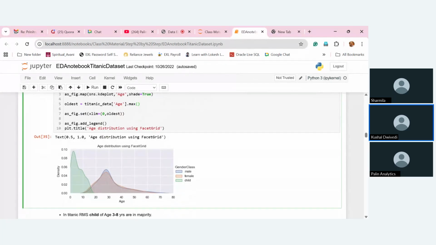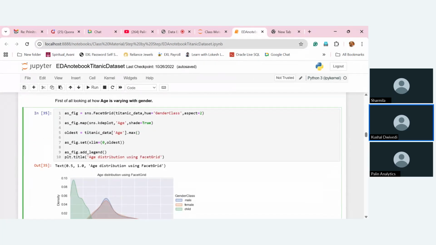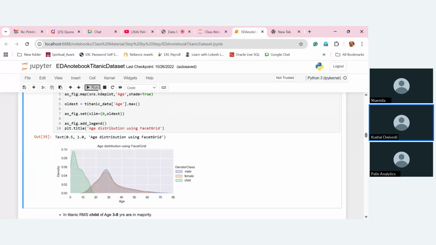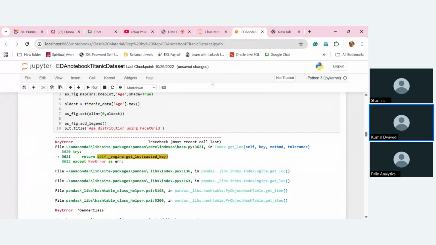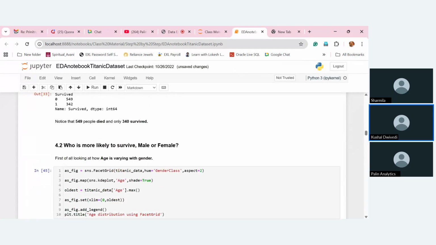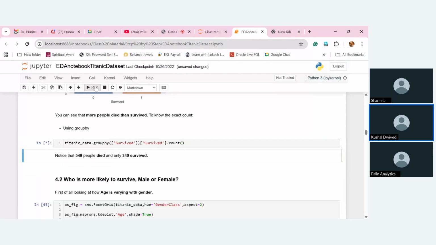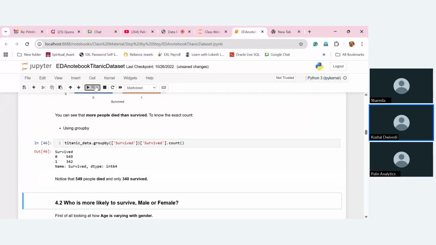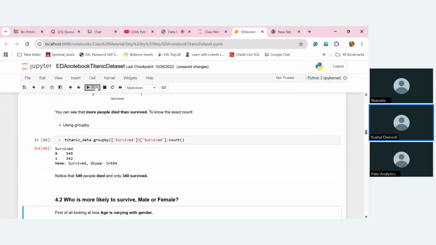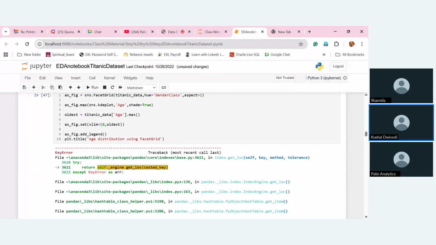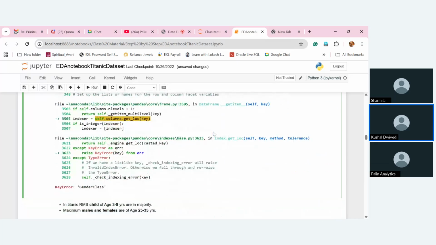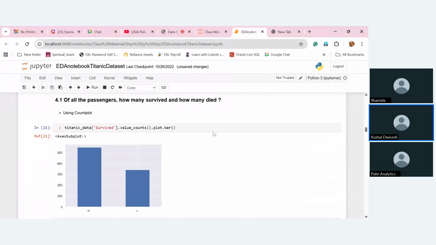First of all, we have just taken the gender representation, to see from which section the gender representation is more. So here, let this execute. What happened now? Gender class is not created.